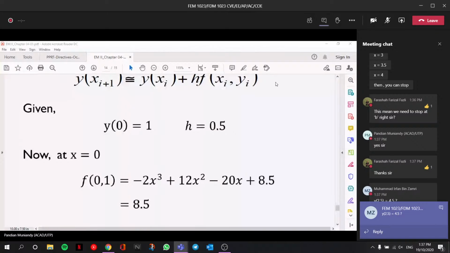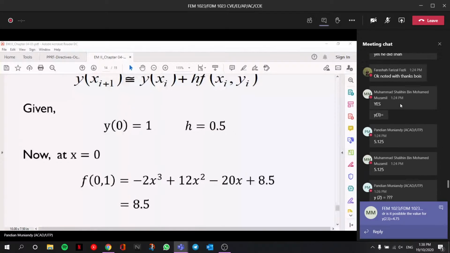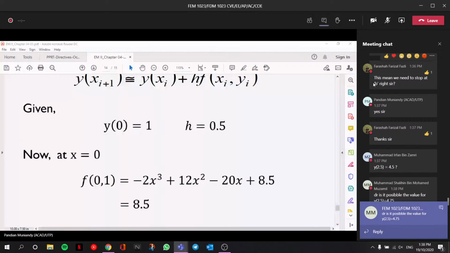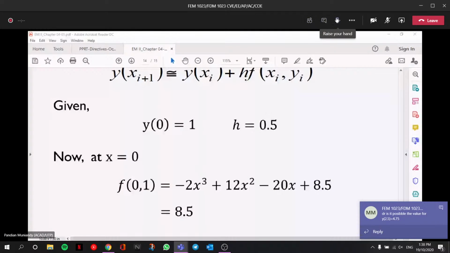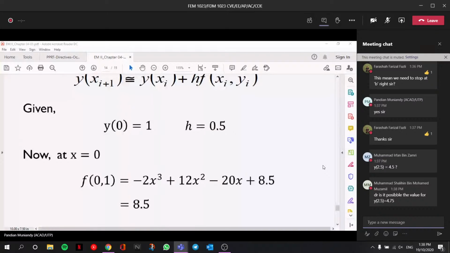Any question? Why 2.5? Just now we found y2. This is 2.5. Yes, possible. But Mohammed Irfan said 4.5, and Mohammed Shalhin said 4.75.